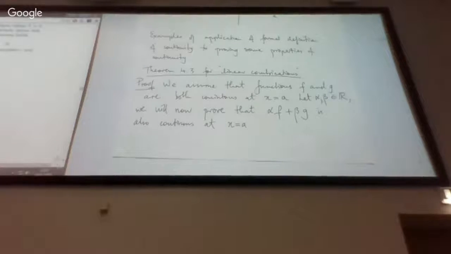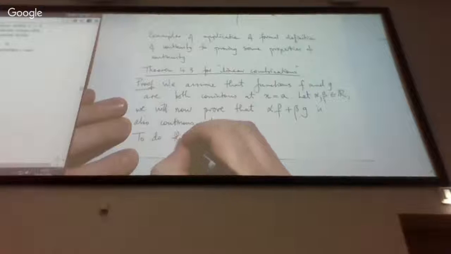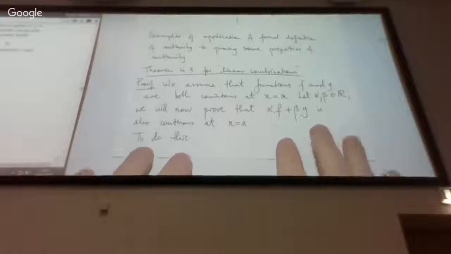Now to do this, we're going to have to prove that the formal definition of continuity, which you can see here quoted for a function f, we're going to have to show that that holds for the new function alpha f plus beta g. Okay? I'm just giving lots of explanation here for how we set this up.